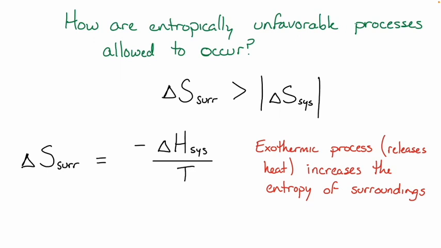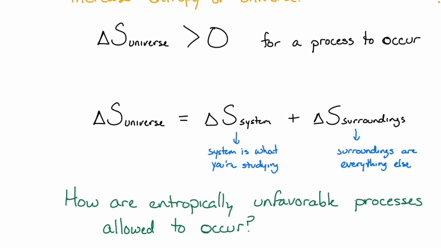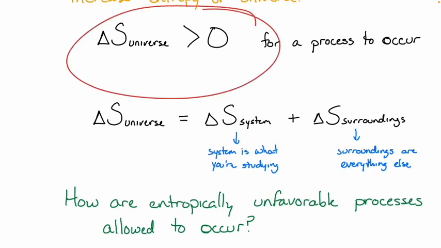That release of heat dissipates out into the rest of the world and heats up all the other particles out there, increasing their energy. So even though the system itself, that chemical reaction, was entropically unfavorable, there's enough release of heat that the net result is that the universe gets its increase in entropy. And that's the standard here. We got to increase the entropy of the universe.